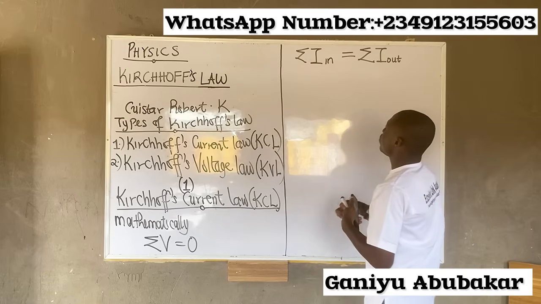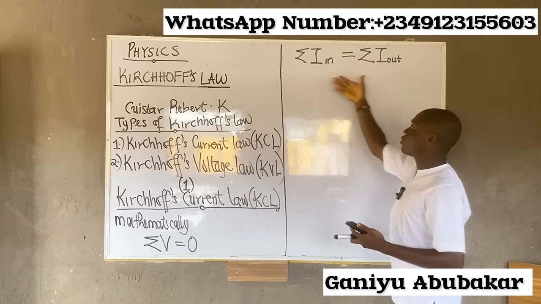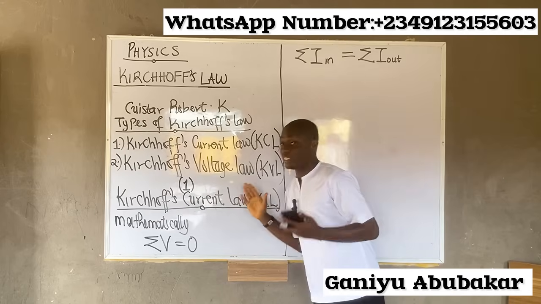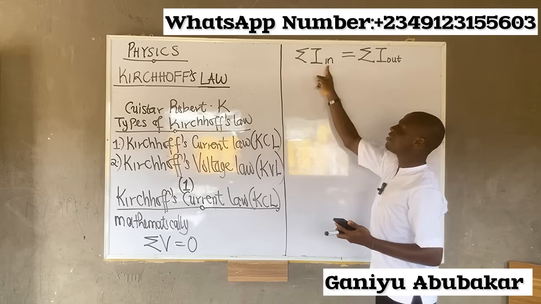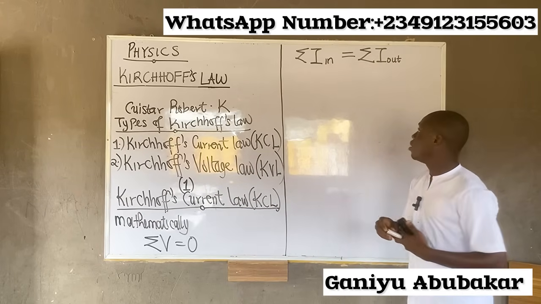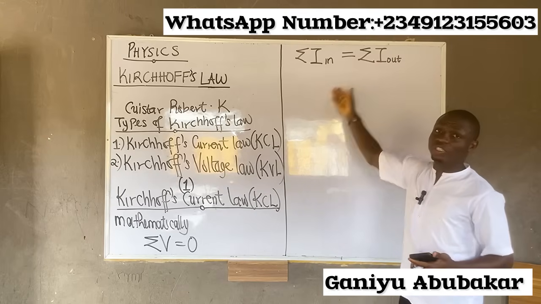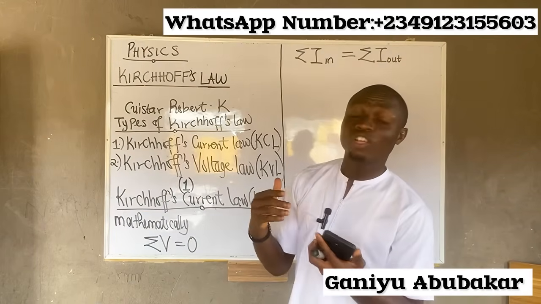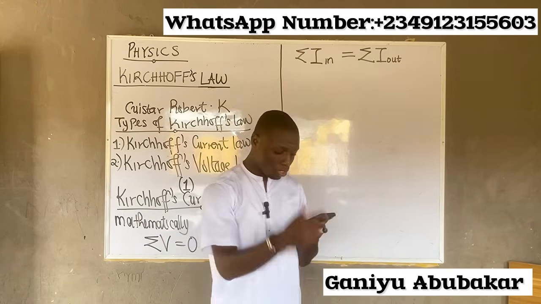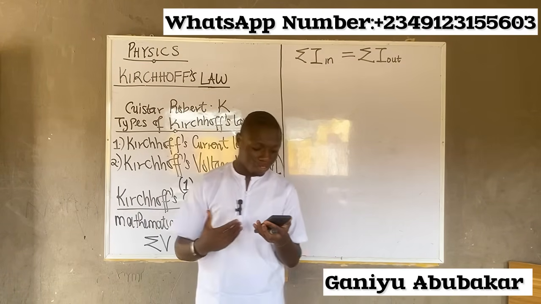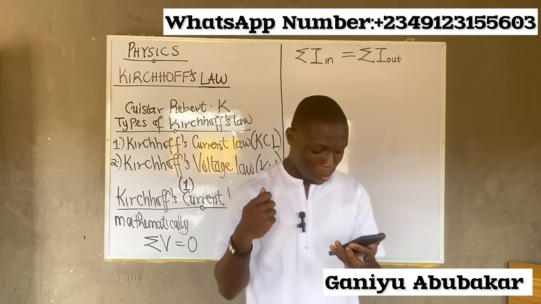It's easy: the summation of I equals 0. The sum of current is I, and this symbol means sum. The sum of current entering the junction must be equal to the sum of current leaving the junction. So I have in and out. This is how you state Kirchhoff's current law.